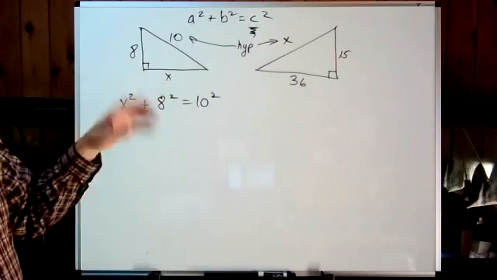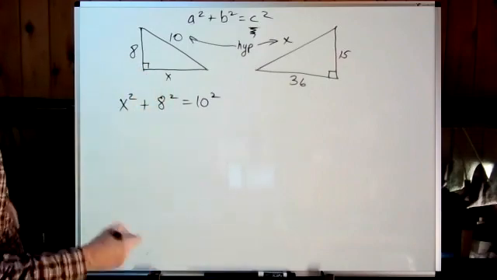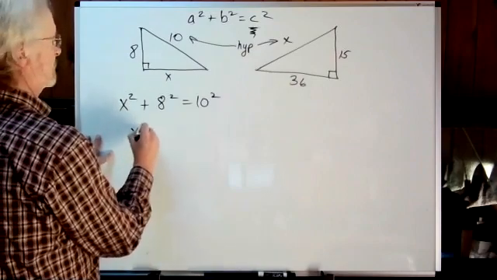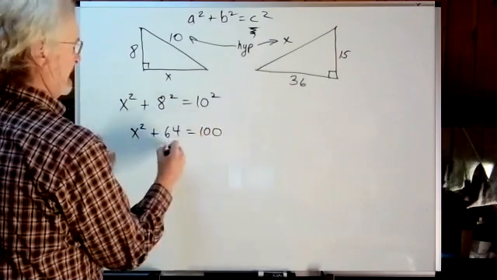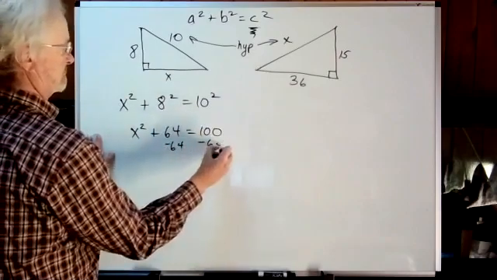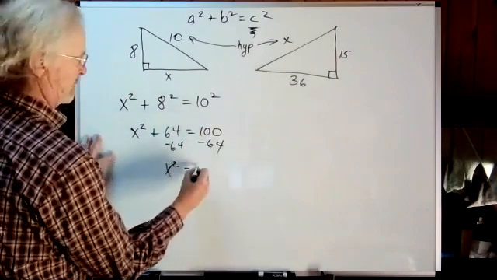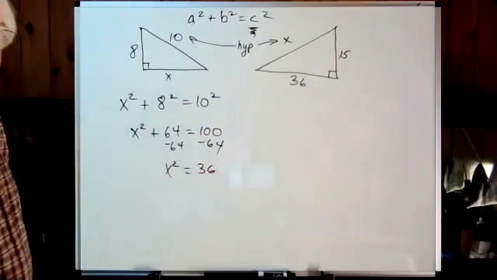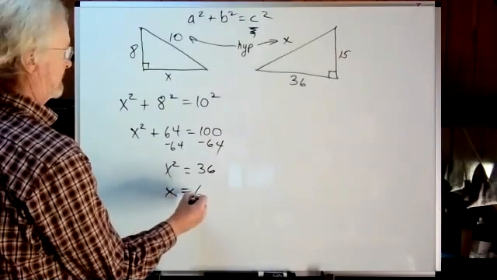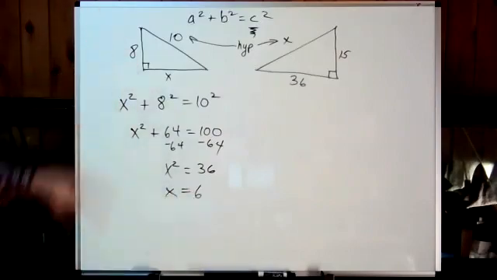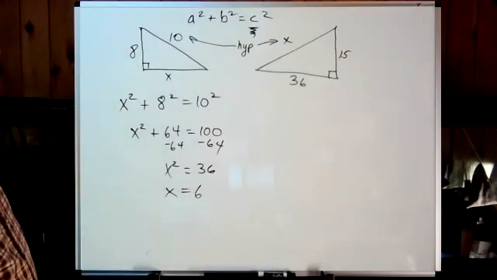Use your calculator to do a square root unless it's something really familiar. Subtracting here. And maybe you recognize that one. Square rooting both sides, I'd get a 6. Right? Maybe there's units on there. Watch out for units.